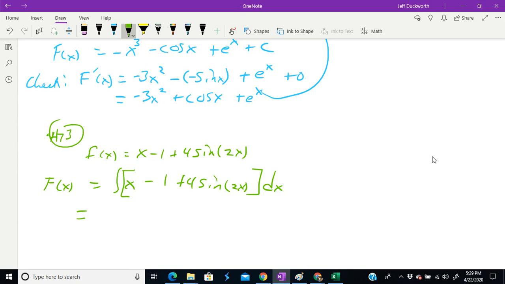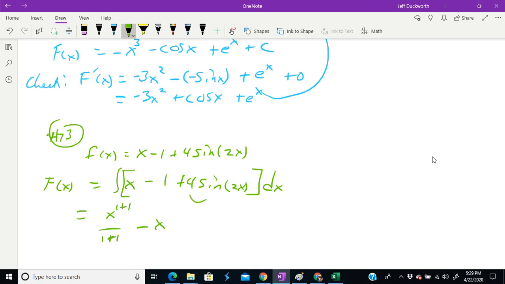So that's going to equal integral of x is going to be x to the 1 plus 1 over 1 plus 1. The integral of minus 1 is just negative x. Or if you prefer, x to the 0 plus 1 over 1 plus 1.